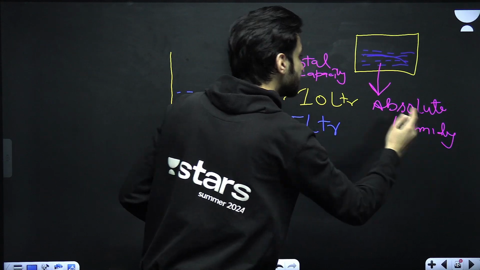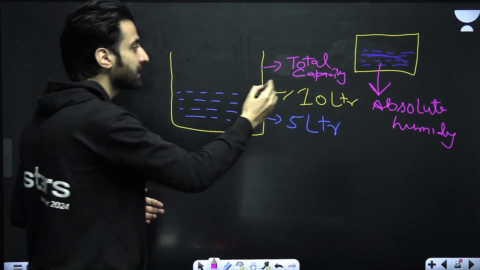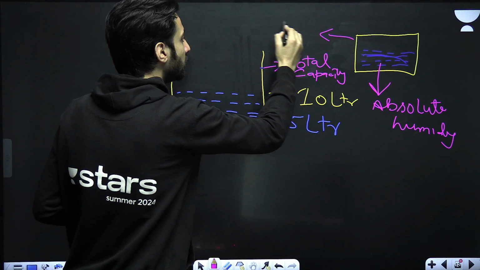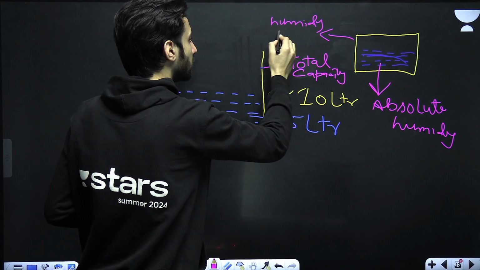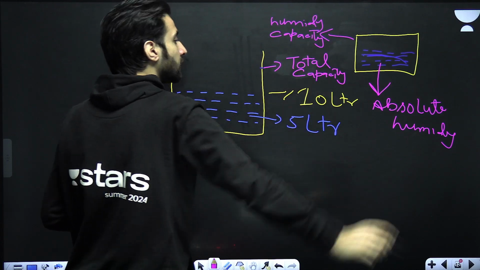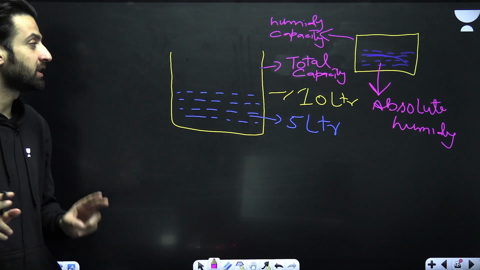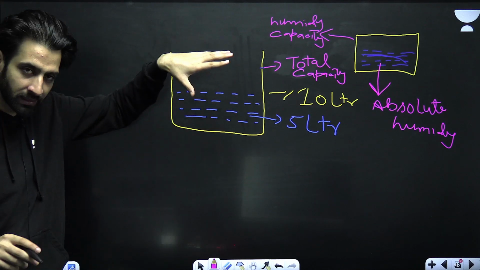And what is the total capacity called? Total capacity is also known as humidity capacity. Clear? So we have two concepts here. The first one is absolute humidity and the second one is humidity capacity.